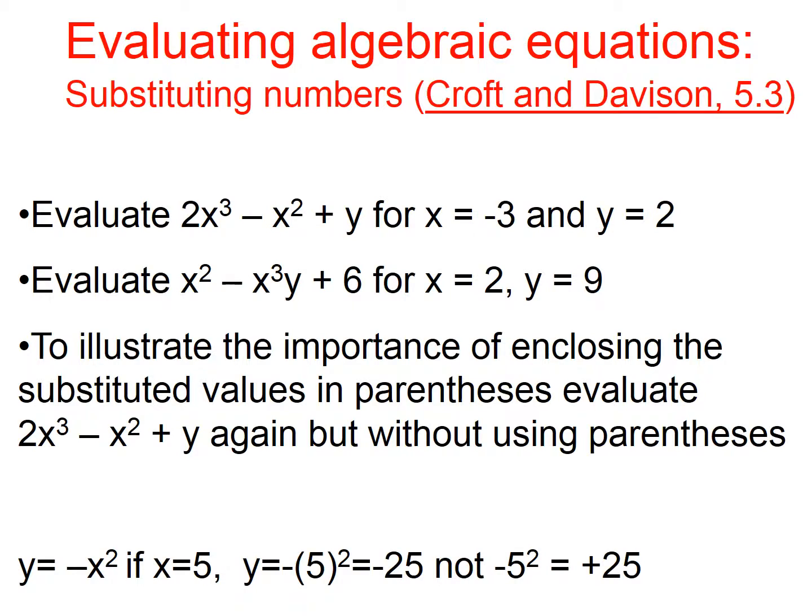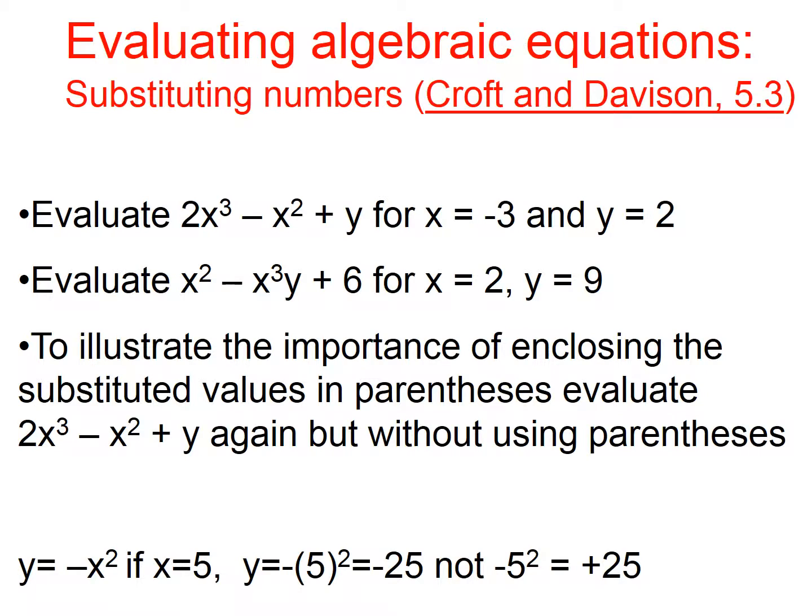For the first one, 2x cubed minus x squared plus y, just write that down, then substitute in the numbers and work out what the answer is. 2x cubed minus x squared plus y for x equals minus 2, and y equals 9.